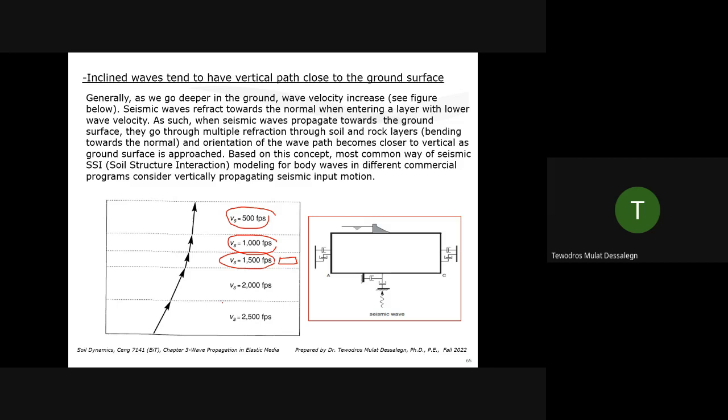Remember what we studied for when a wave refracts when entering another layer. Waves bend, right? Let's say this shear wave velocity is smaller than this one. So what we said is, if a wave, like a light wave, enters a medium with a smaller wave velocity, the wave bends toward the normal.